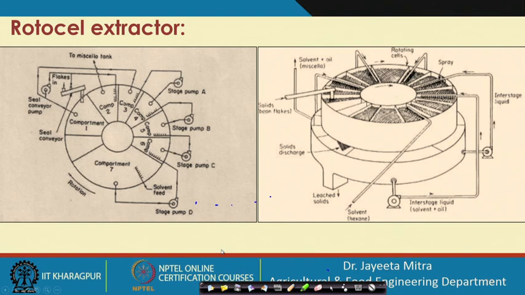At the end of the process, the leached solid is collected from the bottom, and the solvent plus oil that is coming is put into one chamber. What comes from the percolation is again sent to the other, and this process goes on continuously. While the liquid comes over the compartment, the solvent is sprayed so that it can percolate to the bottom, and finally the leached solid is collected.